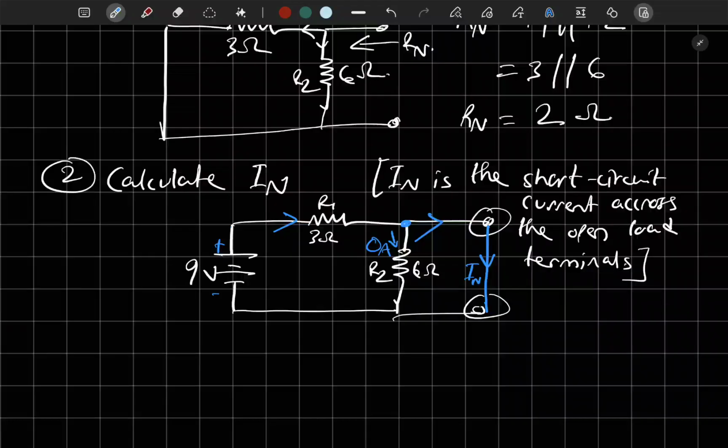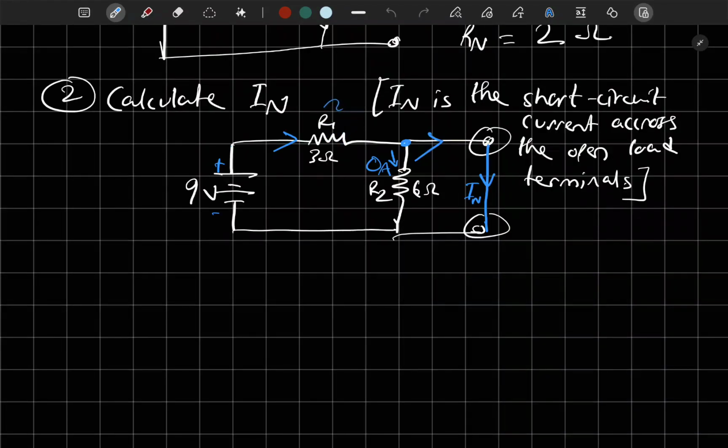So by analyzing the circuit, we can see that R1 will be in series with the short circuit current passing through here, and this resistance is ignored, right? So Norton's current IN equals the voltage we have here, so that would be E, or 9 volts, over R1.